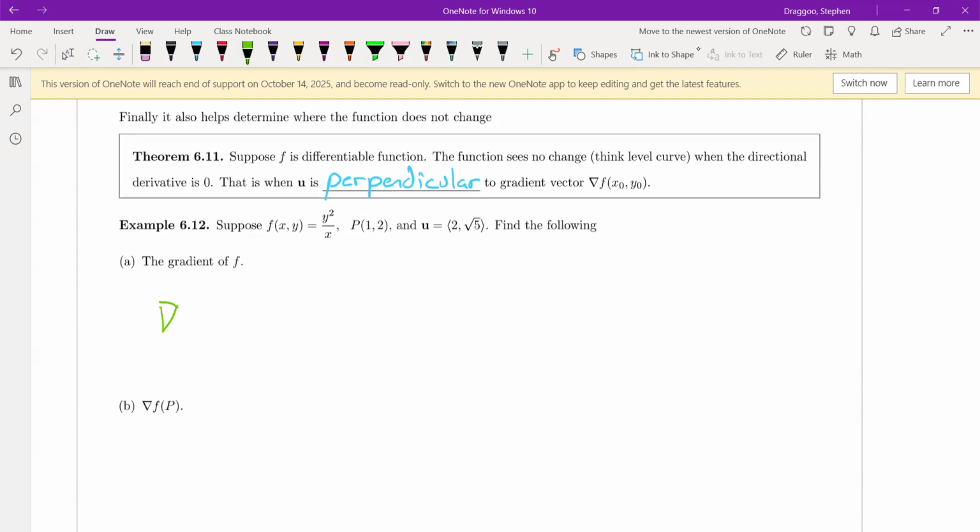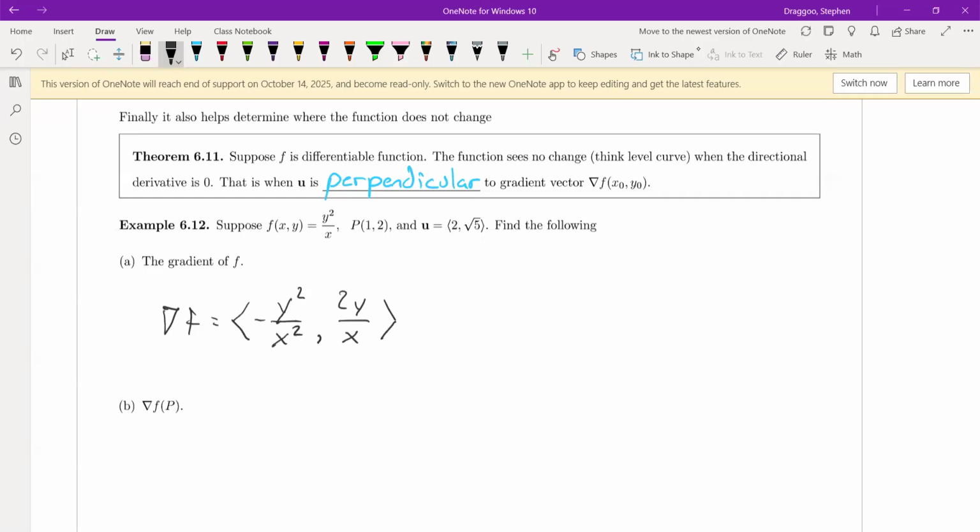So gradient f. Oop, I forgot to change my pen back to the black pen. The gradient of my function, which is y squared over x, looks like negative y squared over x squared, and then 2y over x.